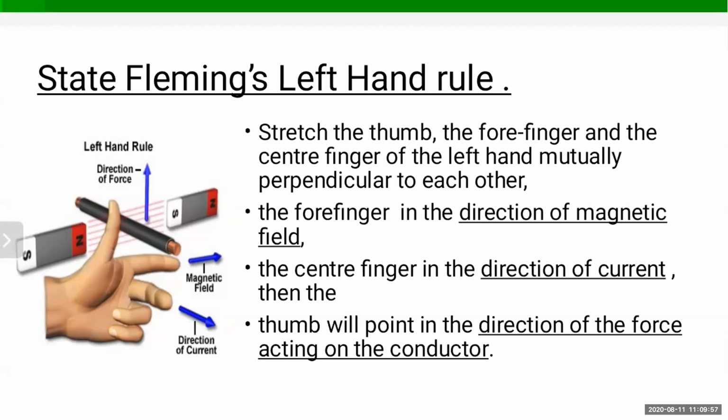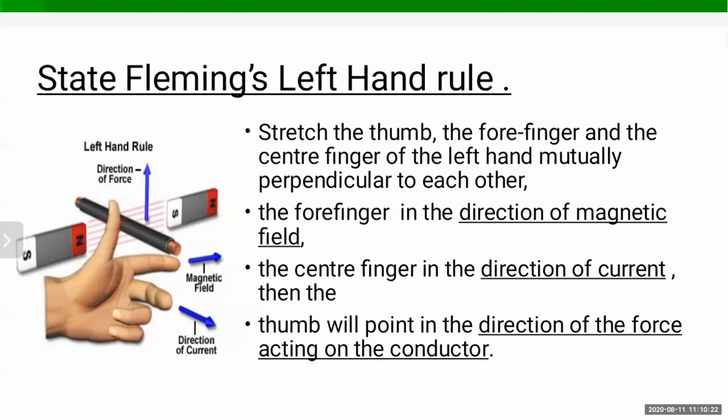The middle finger shows the direction of the current. And your thumb shows the direction of the force which is exerted on the conductor. So this is Fleming's left hand rule.